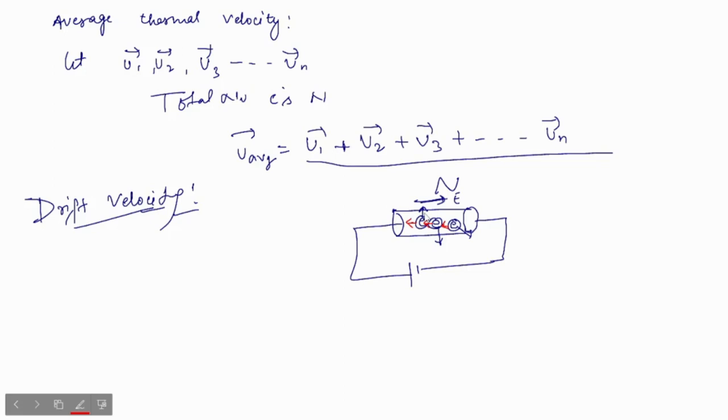The velocity of the electron does not increase continuously, because it collides again and again. Once there is an increase in velocity, they collide with another electron.